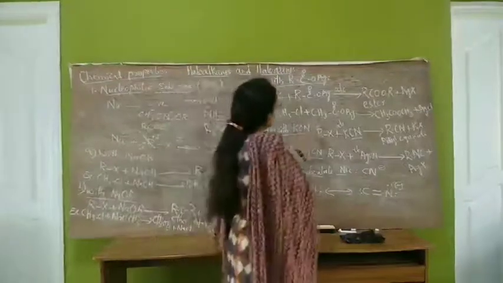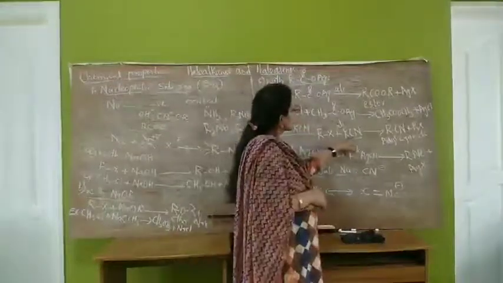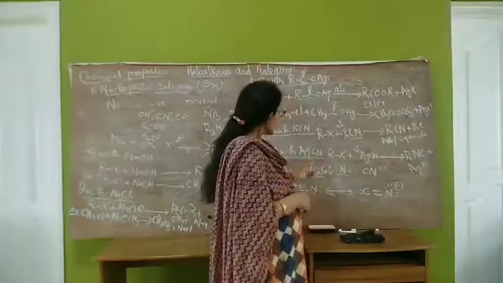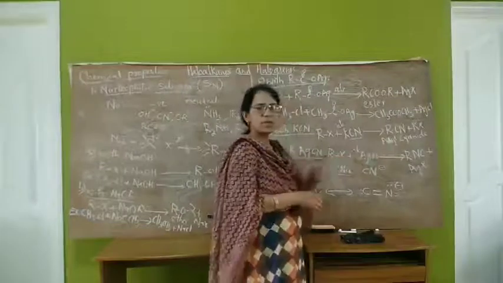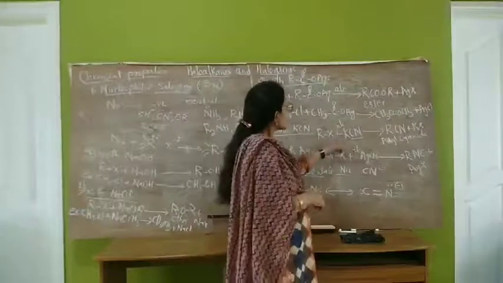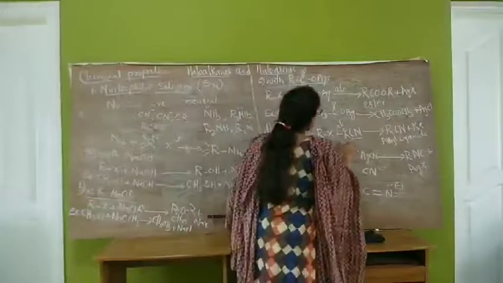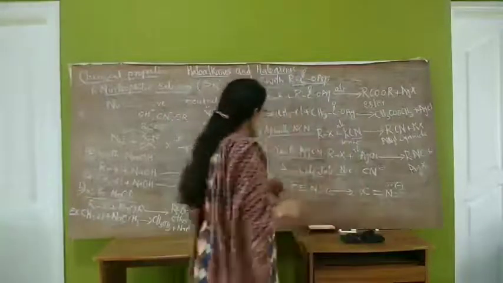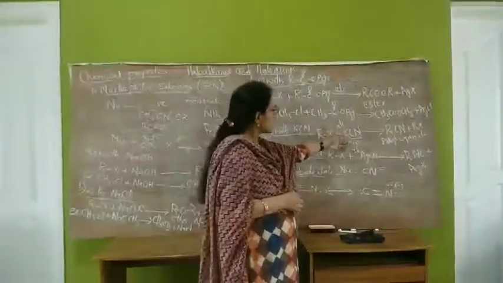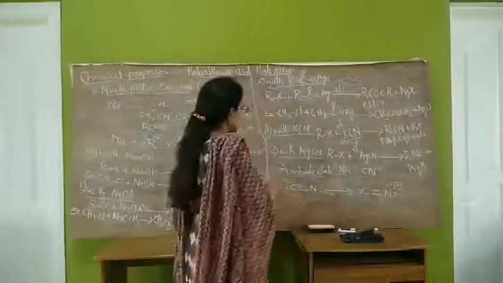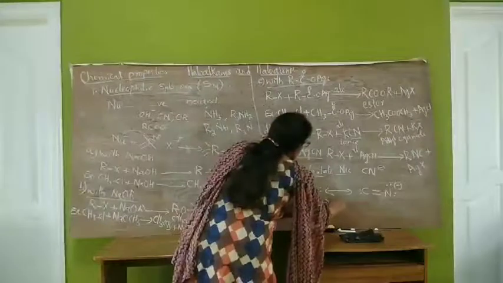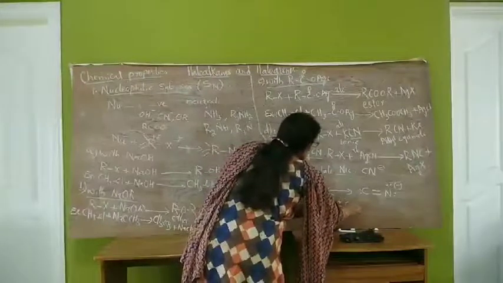When alkyl halides react with KCN, alkyl cyanide is the major product, whereas in case of silver cyanide, alkyl isocyanide is the product. Why is it so? This is because KCN is ionic in nature. It dissociates to K plus and CN minus.